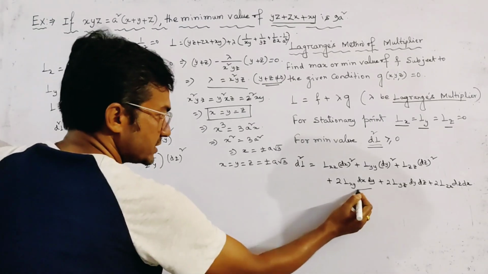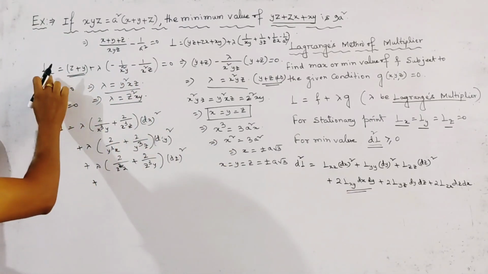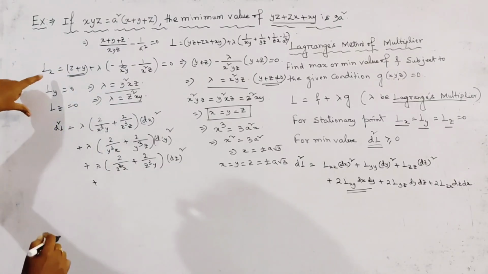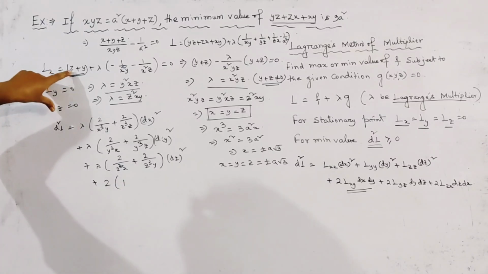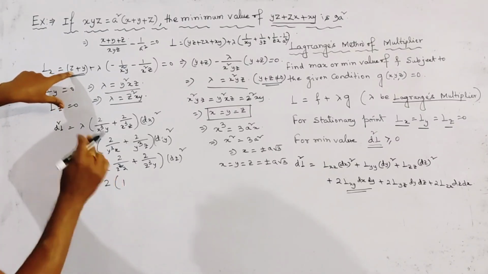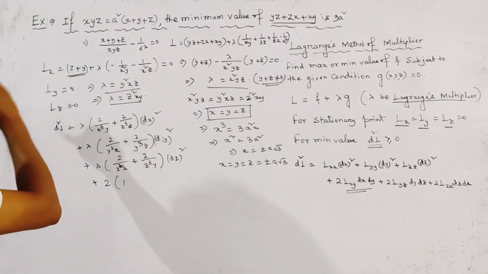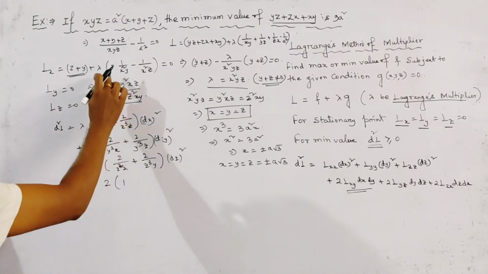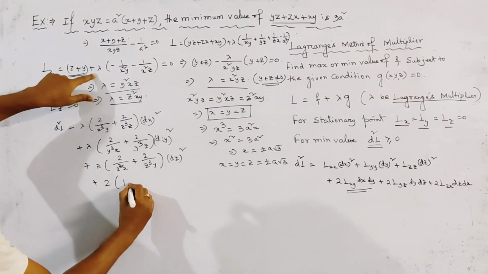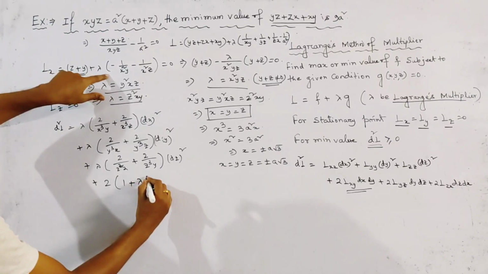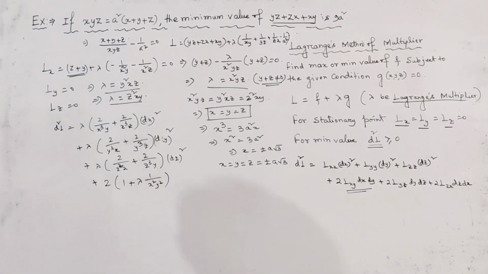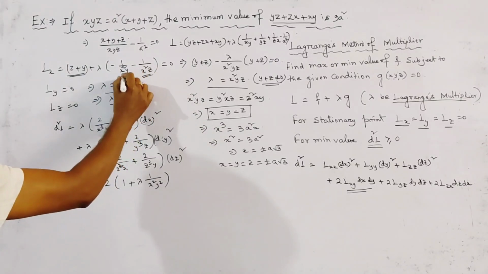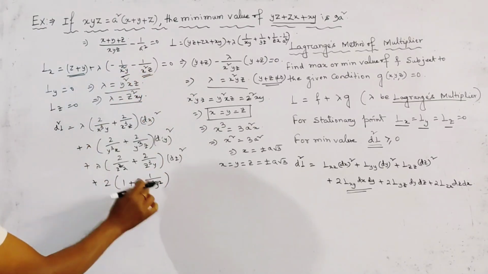Now for the mixed term, if we differentiate Lx with respect to y again, we get 2 into 1, because the derivative of z with respect to y is 0 and the derivative of y with respect to y is 1, plus lambda into 1 by x square y square. This is the derivative with respect to y, and the derivative of 1 by x square y is this.